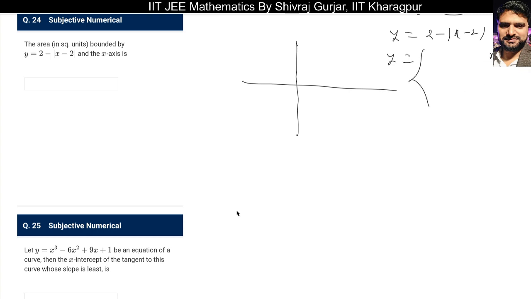If x is less than or equal to 2, then this will be 2 minus x plus 2, that is 4 minus x. When x is greater than or equal to 2, this becomes plus, x minus 2, so this will be x. And when x is greater than 2, it stays as 2 minus x minus 2, this is 4 minus x.